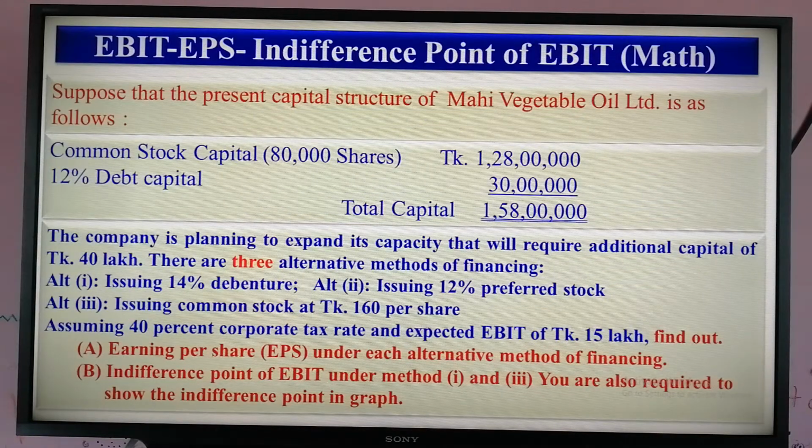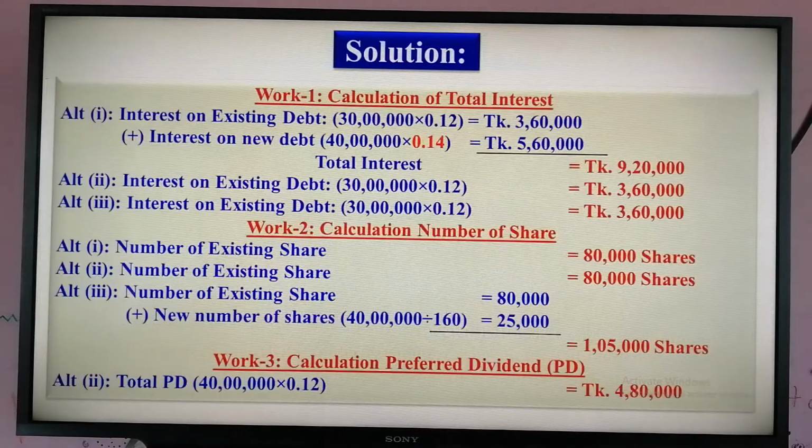Alternative 3 is issuing common stock, not 1, not 2, only alternative 3, so common stock will increase. New number of shares: 40 lakh divided by 160, because the price per share is 160, gives 25,000. So 1,05,000 shares for alternative 3.